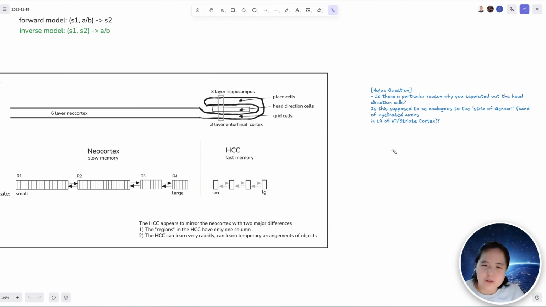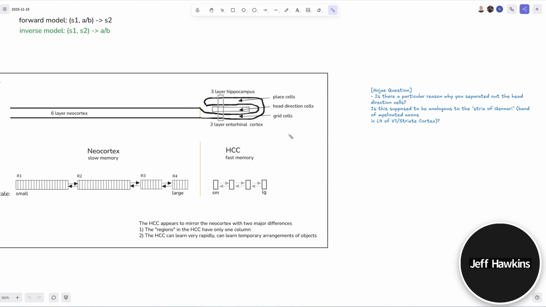No, I was just wondering, if the 3 layers of the hippocampus and the 3 layers of the entorhinal cortex merge, why you separated out head direction cells. Well, because sometimes people don't even mention this little interstitial area, the subiculum. They just say there are head direction cells in this, and then some people call it out as separate. I don't know.